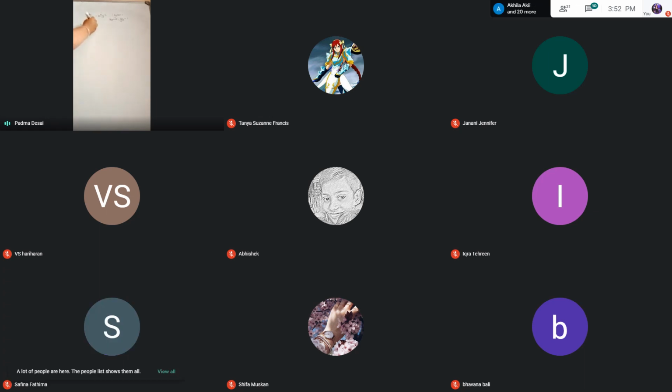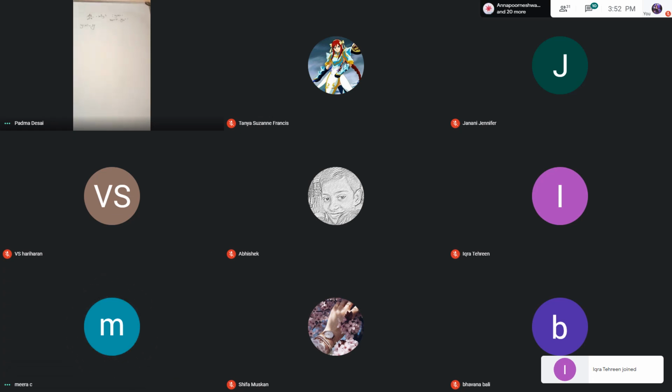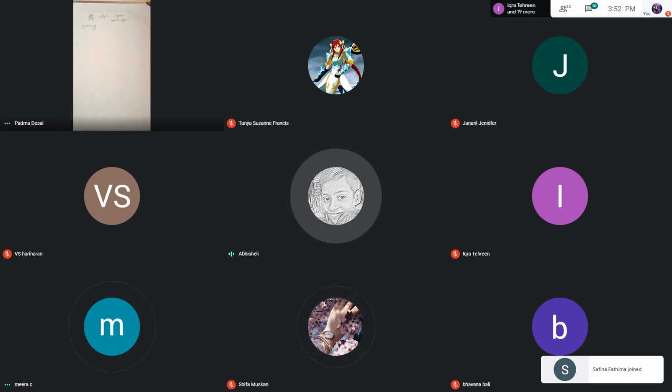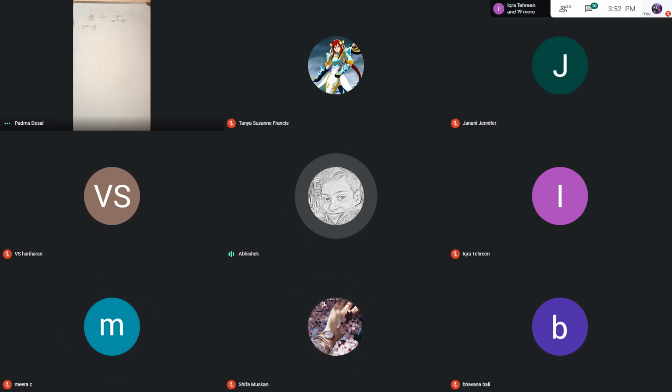It can be extended to any degree. Ma'am, it's not clear, it's not visible also. Is it completely not visible or what? Can we zoom in this? The top part is not visible. Now I've zoomed it. Can you see that now? Ma'am, the center part is visible properly; when you write it on the top right, it becomes completely blur. Ma'am, you write it in the center of the board.